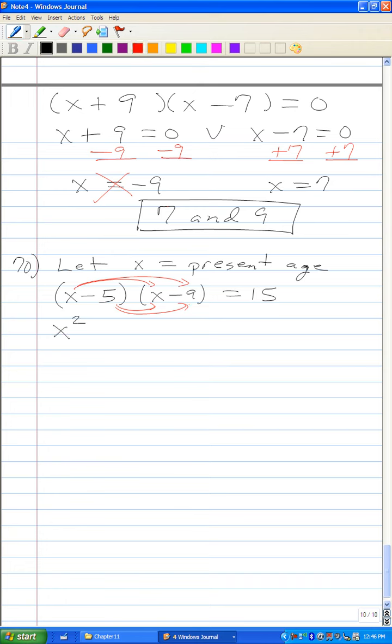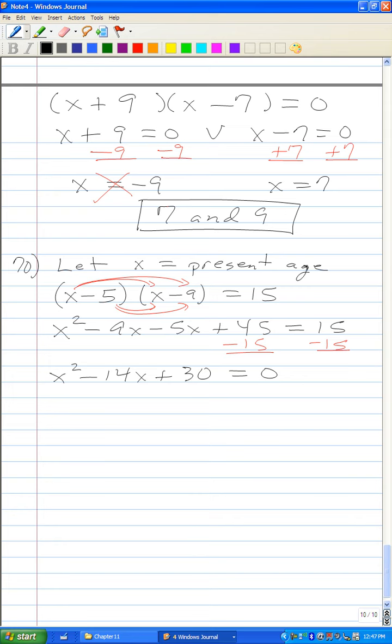So x squared minus 9x minus 5x plus 45 is equal to 15. Subtract 15 from both sides of my equation. So you get x squared minus 9x minus 5x is minus 14x. 45 minus 15 is 30 equals 0.